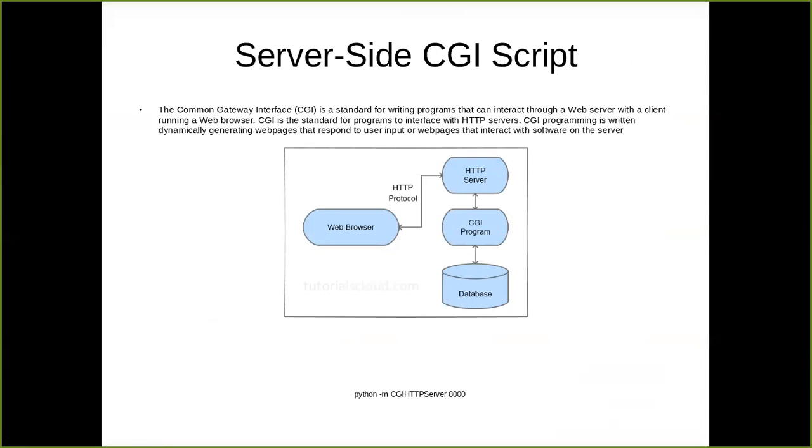If you are sending some request from a browser, this is like any of your normal HTTP request, how it's working. But in a CGI, there is an interface between your HTTP server and a database. So CGI is going to interface both the HTTP server and database.